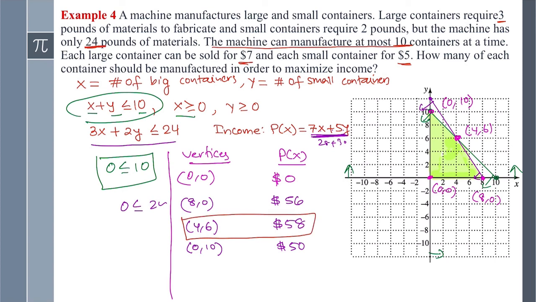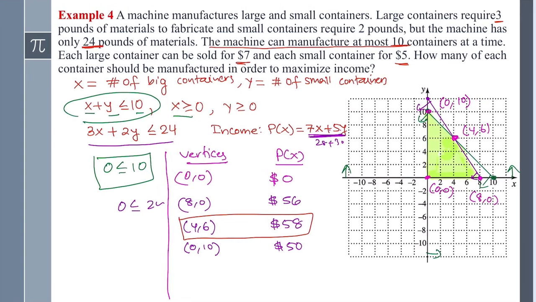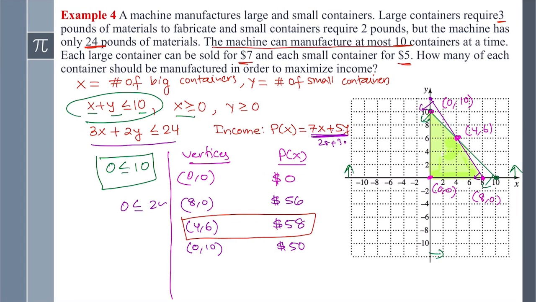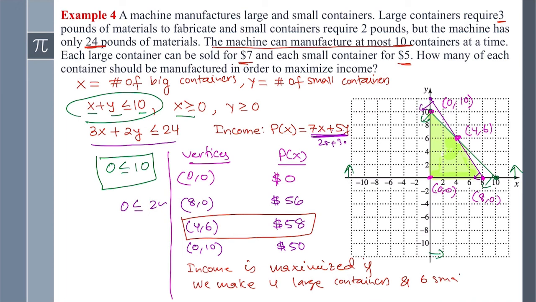That means income is maximized if we manufacture 4 large containers and 6 small containers. And the maximum income is $58.